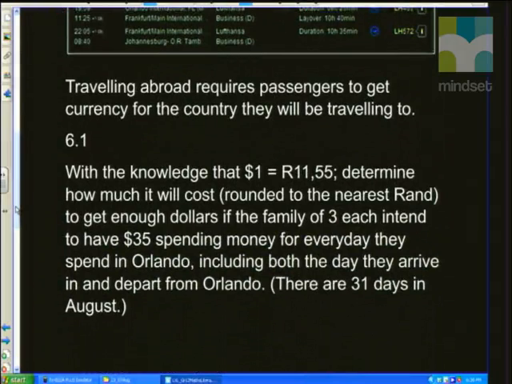With the knowledge that $1 is equal to 11 Rand 55, determine how much it'll cost, rounded to the nearest Rand, to get enough dollars if the family of 3 each intend to have $35 spending money for every day they'll spend in Orlando, including both the day they arrive in and depart from Orlando. There are 31 days in August.